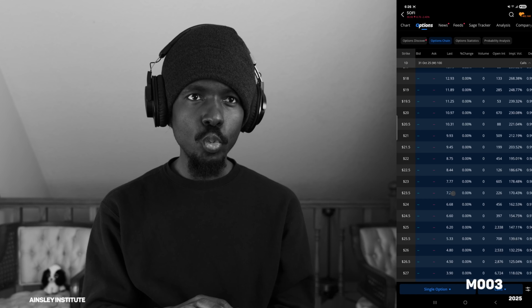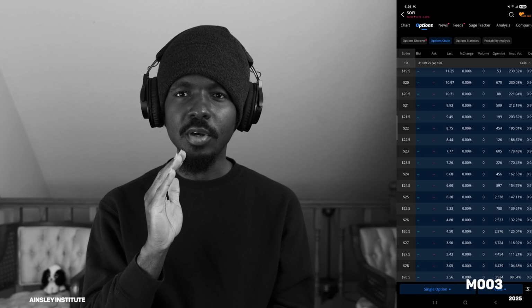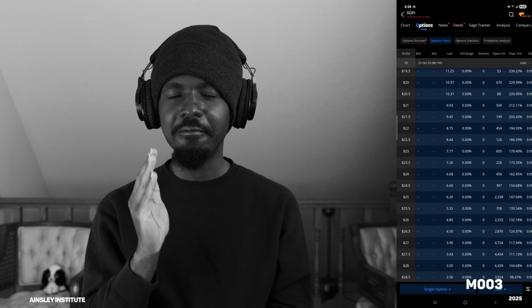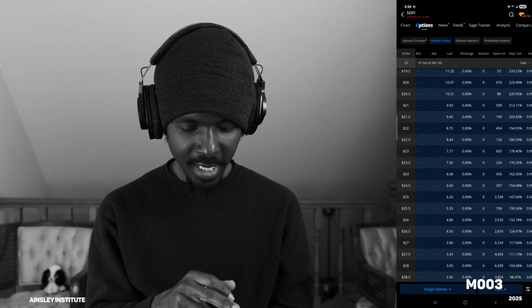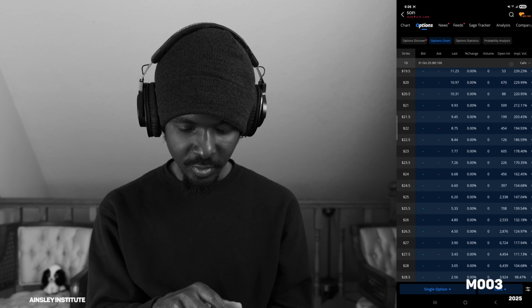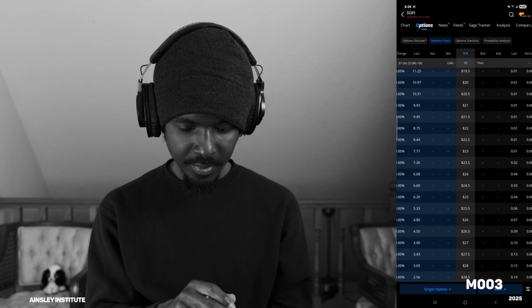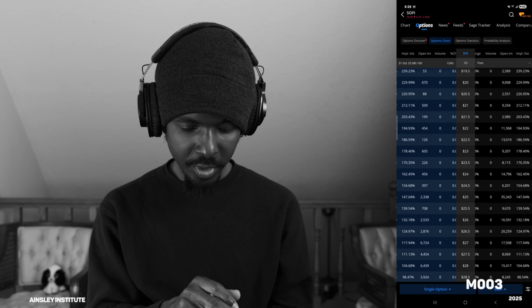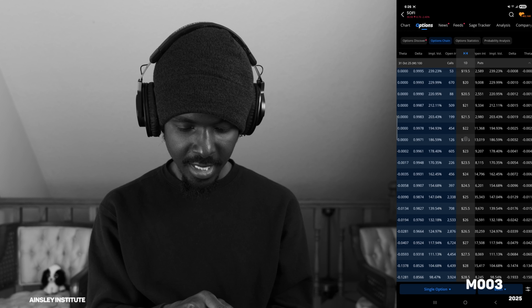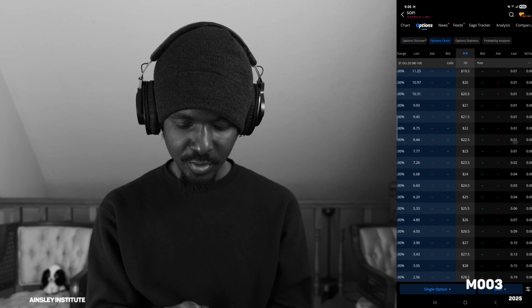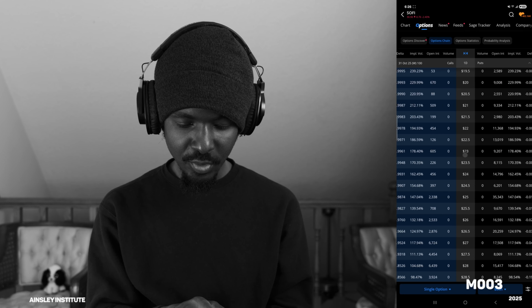Now, we have something called IV, which is implied volatility. And then we have the Greeks. Let us see if we can put a back board so we can see the big picture. And then we have open interest. As we scroll to the right or the left, everything scrolls in the same manner.